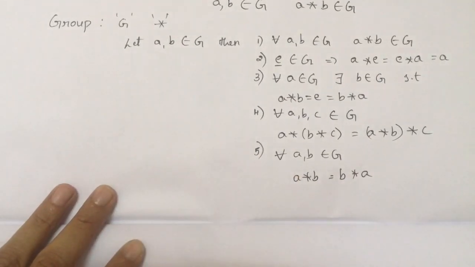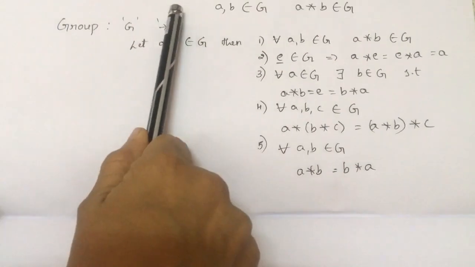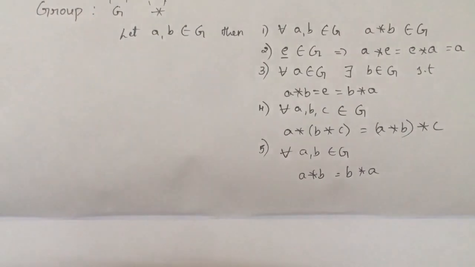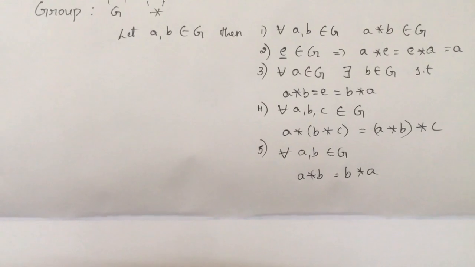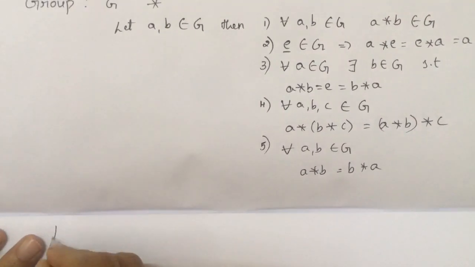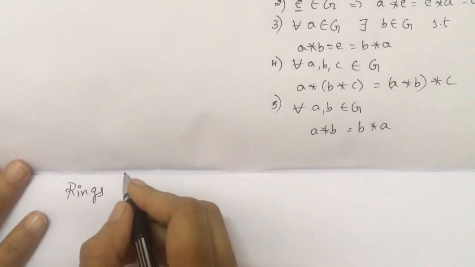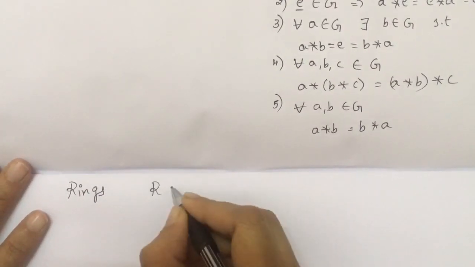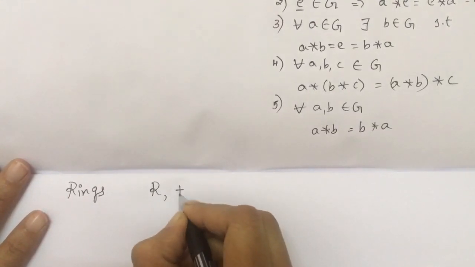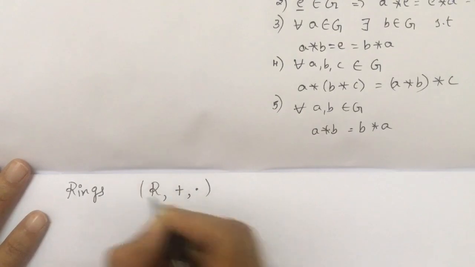So that is a group. In the case of a group, we always deal with a single binary operation, either addition or multiplication. But when it comes to rings, we are dealing with two binary operations, addition and multiplication.